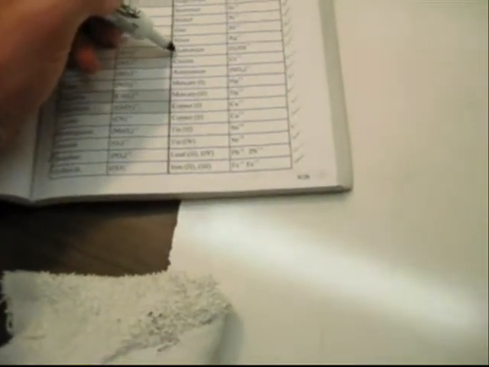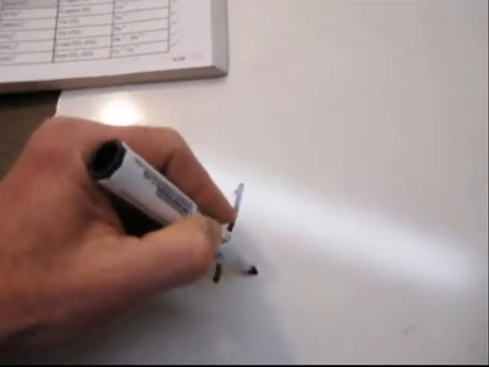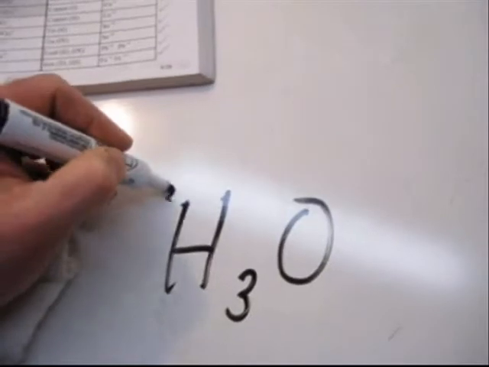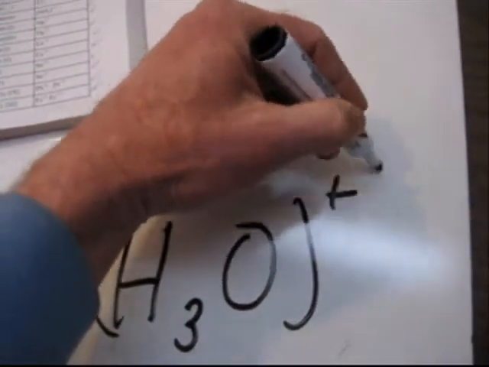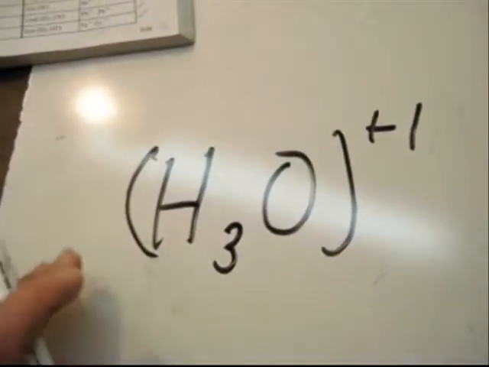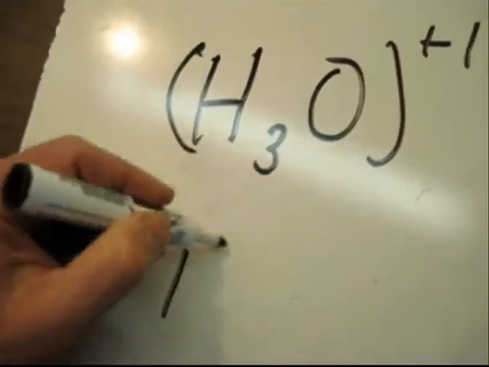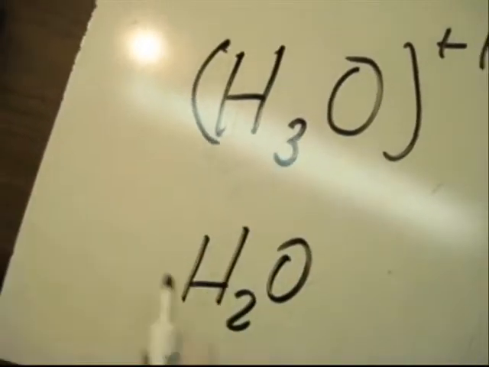Okay, moving on down, here's our first polyatomic cation. We have hydronium. Now the name hydro refers to water, and hydronium is H3O parentheses plus 1. And so hydronium looks a lot like the compound water, which is H2O.